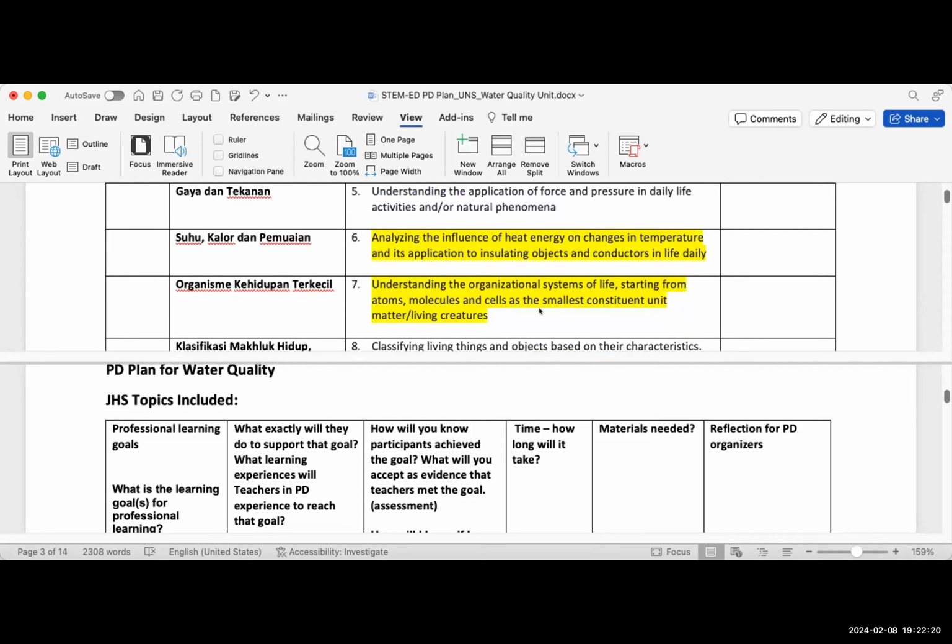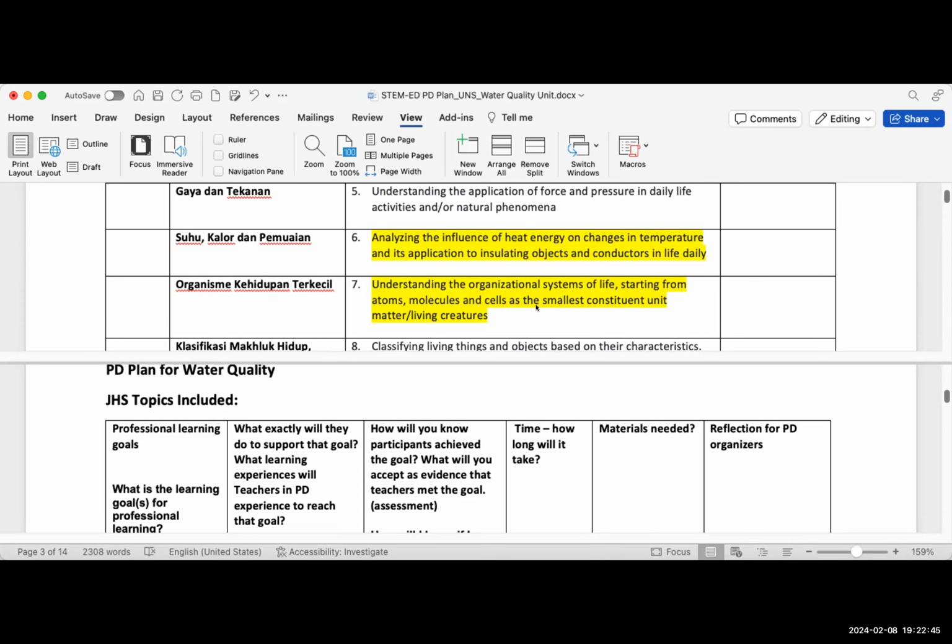Then this one is organization of the system of life. It means that we are talking about the environment of our stream or river, because we are living in Surakarta, and it's famous for batik clothes, the national clothes of Indonesia.